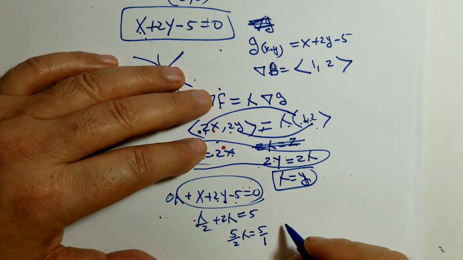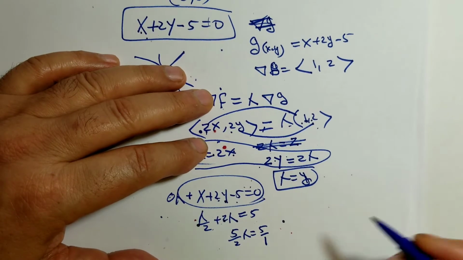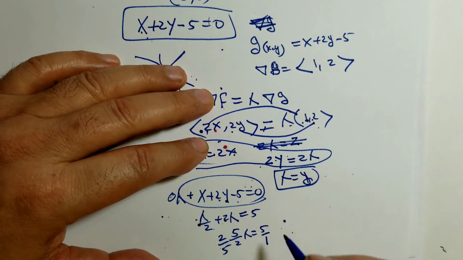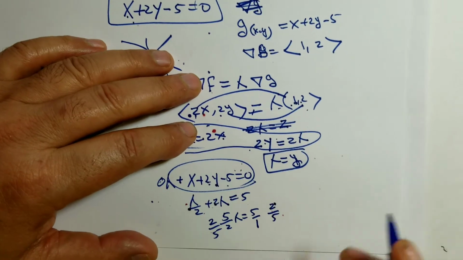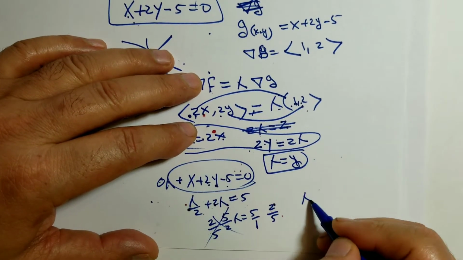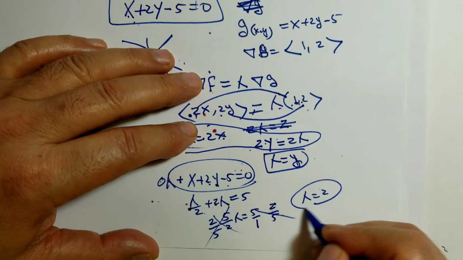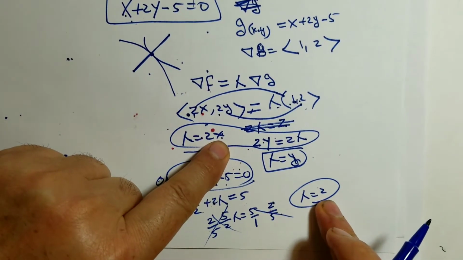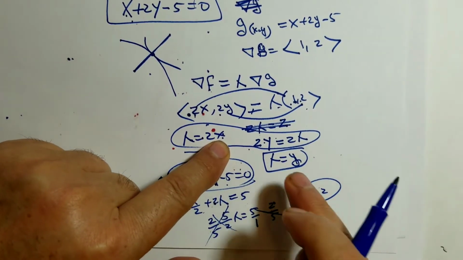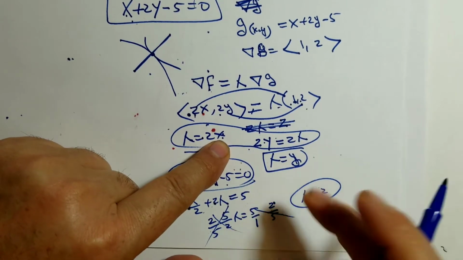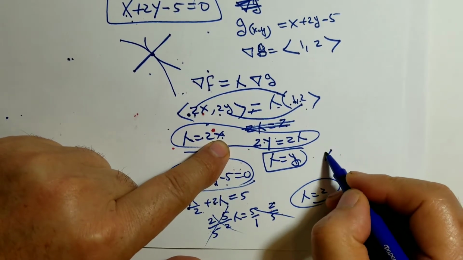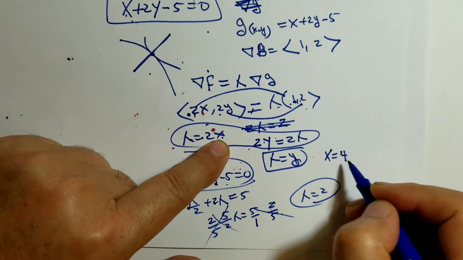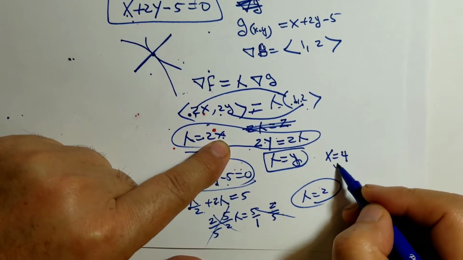I'm going to flip both sides, or I'm going to multiply both sides by 2/5. That's what I mean, multiply by the reciprocal. This lambda is equal to 2. If lambda is 2, x is 4. If lambda is 2, y is 2. Therefore, x has to be 4 and y has to be 2.